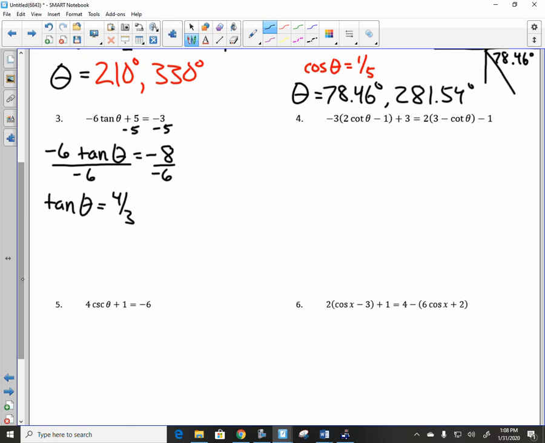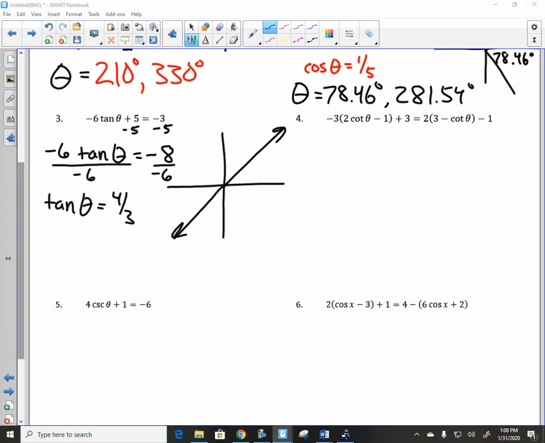Is that positive or is it negative? It's positive. In which quadrants is tangent positive? First and third.